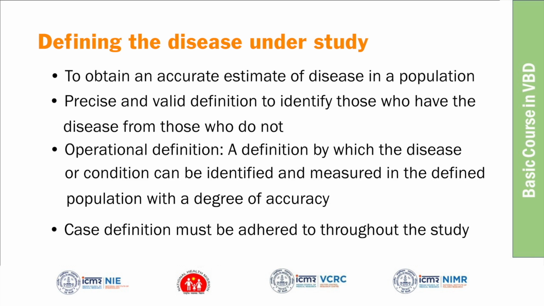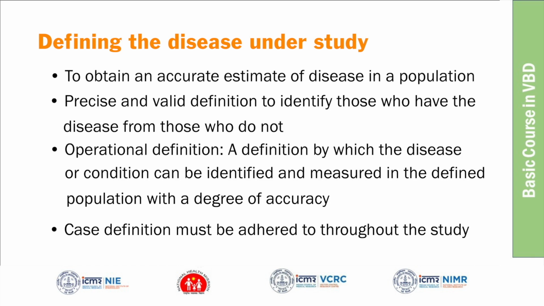So technically speaking, that is called an operational definition. This operational definition should be defined during the protocol development itself. That is, when you are conceiving your study itself, you have to have a clear-cut idea about your definition of the disease. So let me tell you the operational definition: a definition by which the disease or condition can be identified and measured. So here we are dealing with two factors.